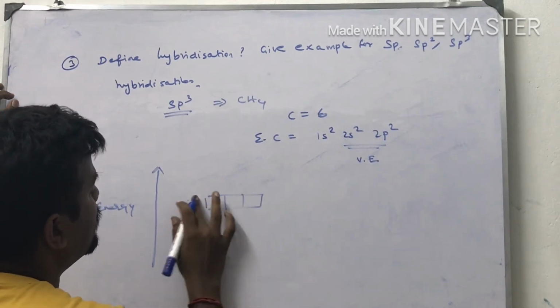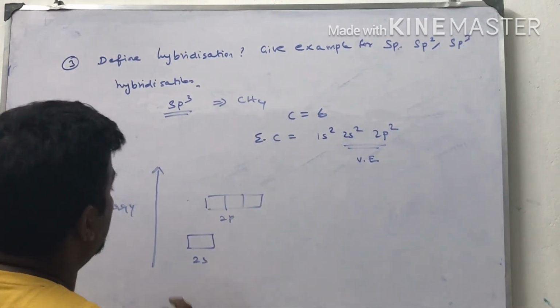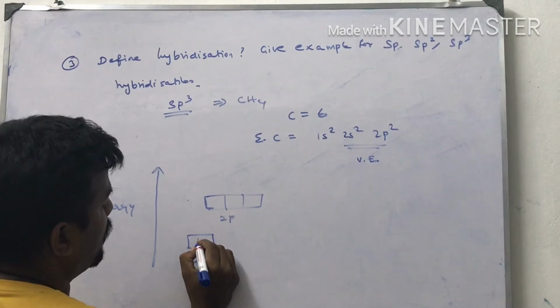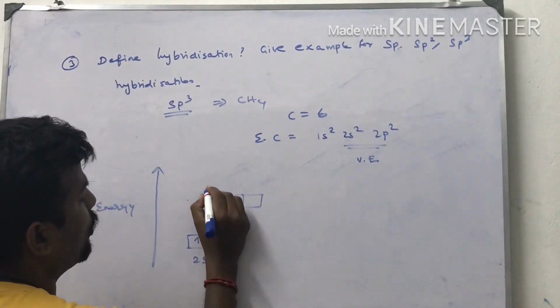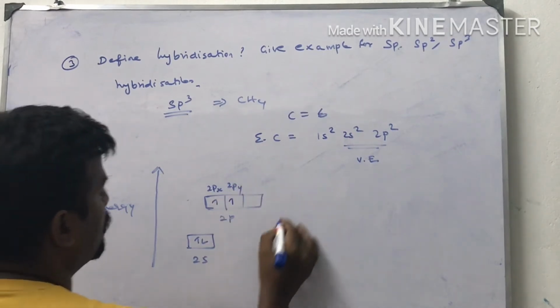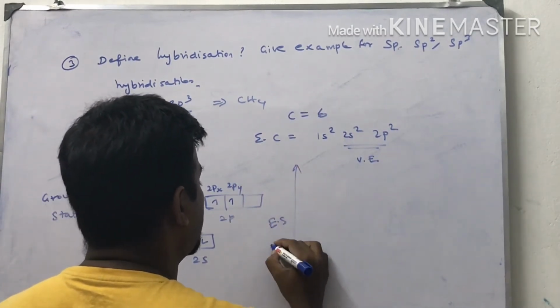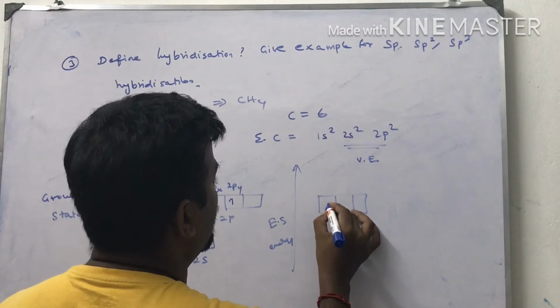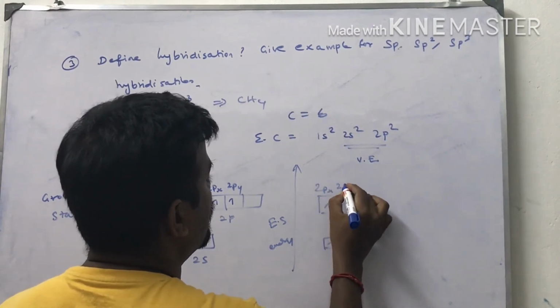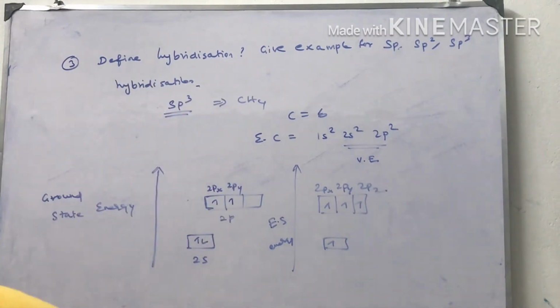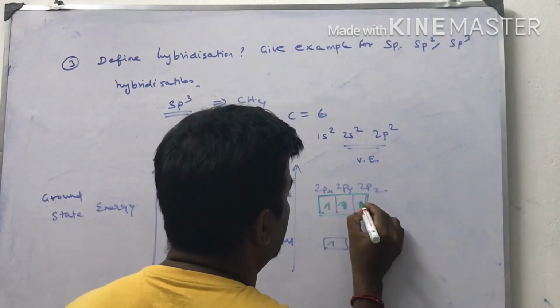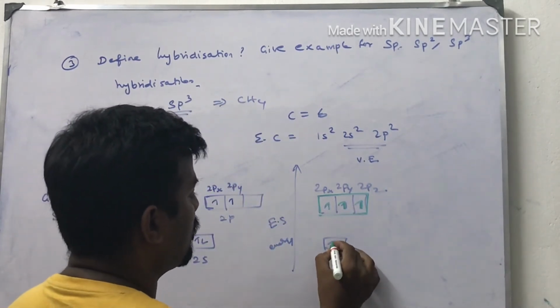According to Hund's rule and the Aufbau principle, energy increases from the lowest orbital to the highest orbital. 2 electrons are present in the 2s orbital, and 2 electrons in the 2p orbitals, 2px and 2py. Now the excited state: 1 electron from the 2s orbital is promoted to the 2p orbitals, 2px, 2py and 2pz, because of the hindrance of the hydrogen atoms toward the carbon.